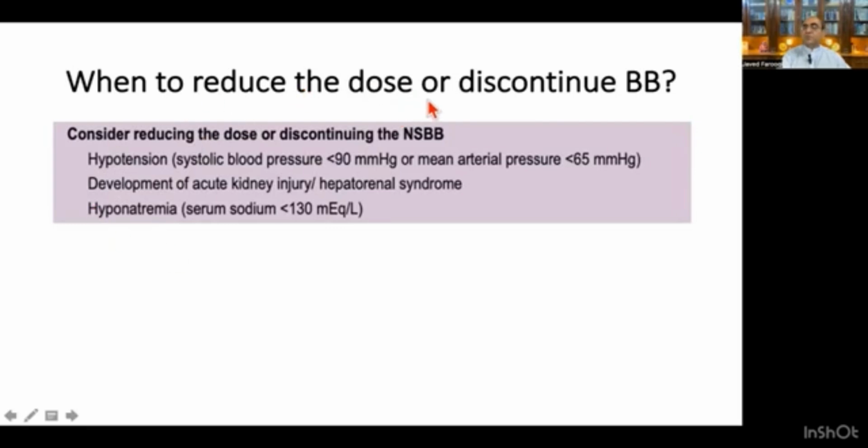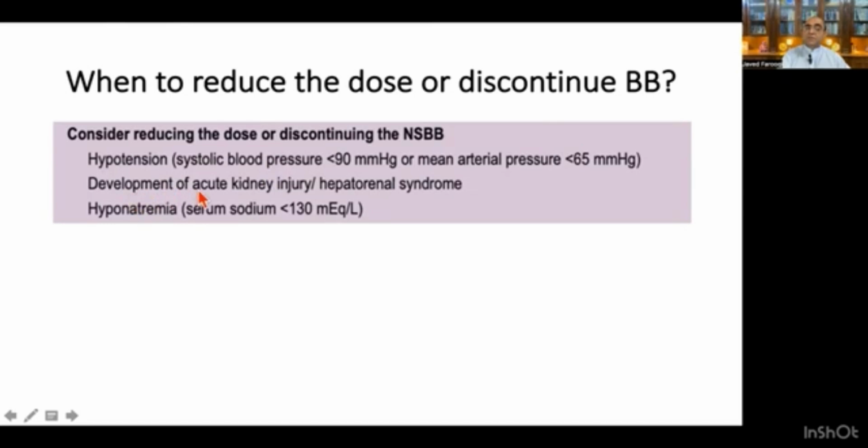When to reduce the dose or discontinue the beta blocker? If you have started a patient on beta blockers, propranolol or carvedilol, and the patient has developed hypotension, systolic pressure less than 90 or arterial pressure less than 65, you need to either reduce the dose or even discontinue the non-selective beta blockers.